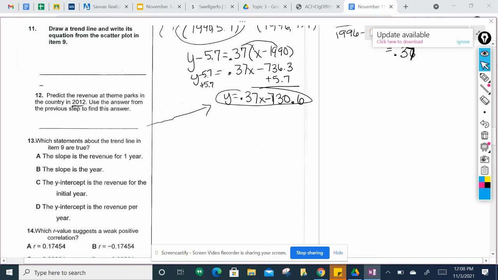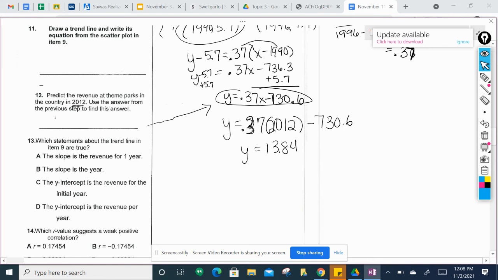Since they're asking for the year 2012 and the years were our X value, I'm just going to plug in 2012 everywhere I see that X. So I'm going to take the 0.37 times 2012 and then subtract the 730.6. And I end up with y is equal to 13.84.